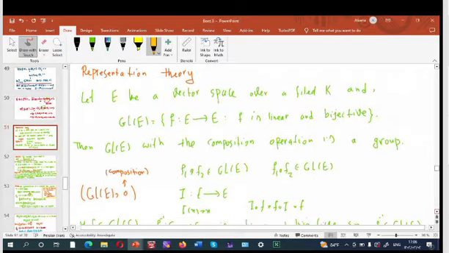This is similar to the previous representation, but we use the inverse of g in this definition. λ_G is a representation on G that is called a left regular representation.